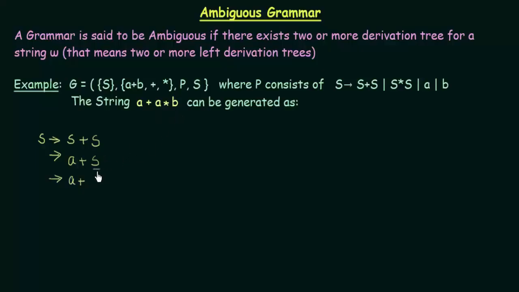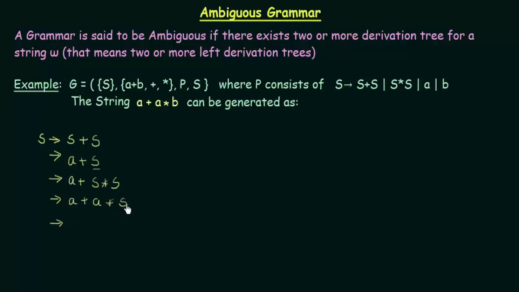Now for that, let me further expand this S using the production rule which says that S gives S into S. So this S will be expanded as S into S. And now I will replace this S by a because S gives a and I need a in my string. So this a I will write down as it is, and this S I will replace with a, and into S as it is.